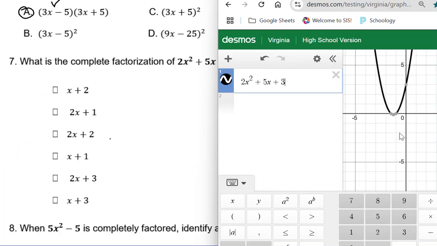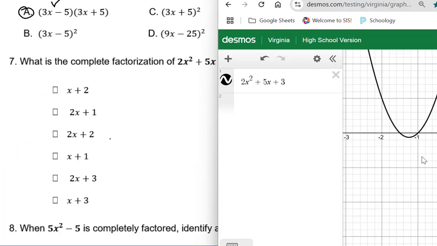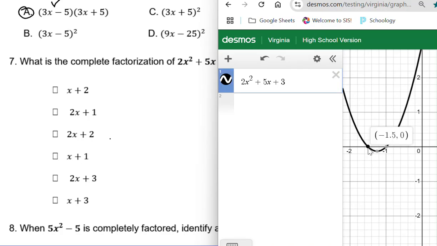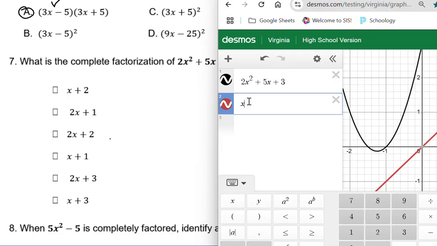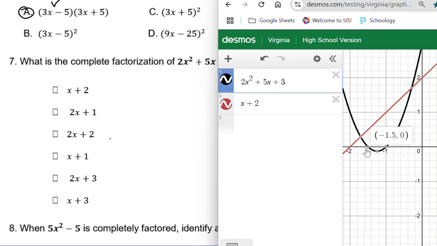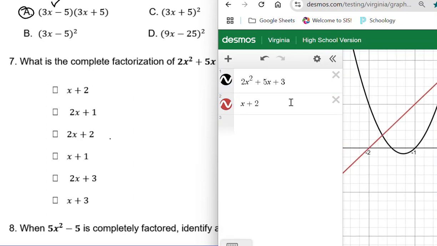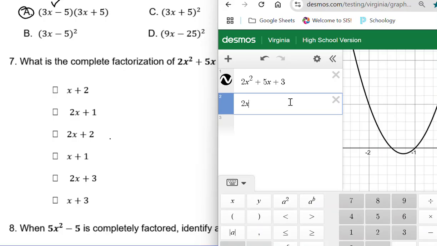So I'm going to zoom in a little bit just to find the factors. So I have these two factors right here, this one and this one. So I'm just going to go down the list and find my two factors. That's not it. It doesn't have the same x-intercept. That's way off.